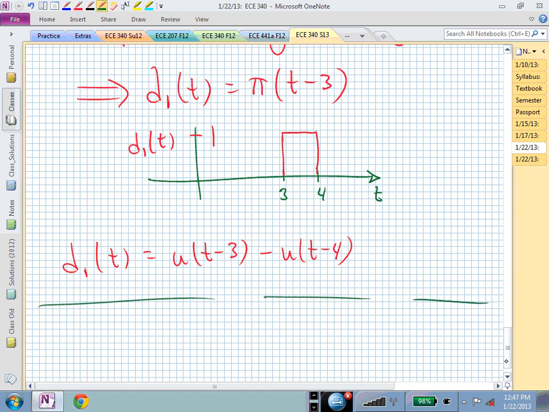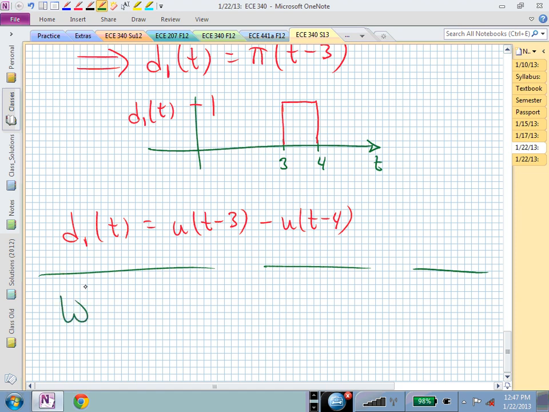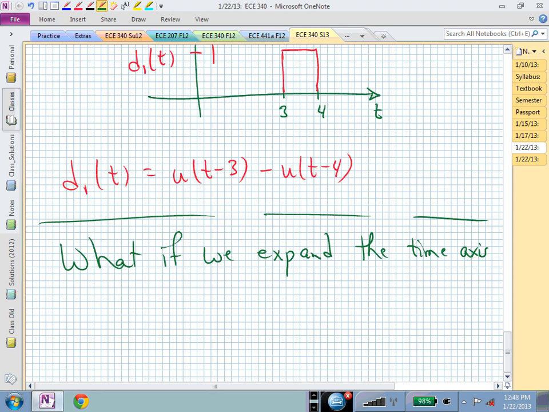Now that we have delayed it by 3, what if we expand the time axis of this intermediate waveform d sub 1 of t by the factor that we said we needed to expand by, which was a factor of 2.